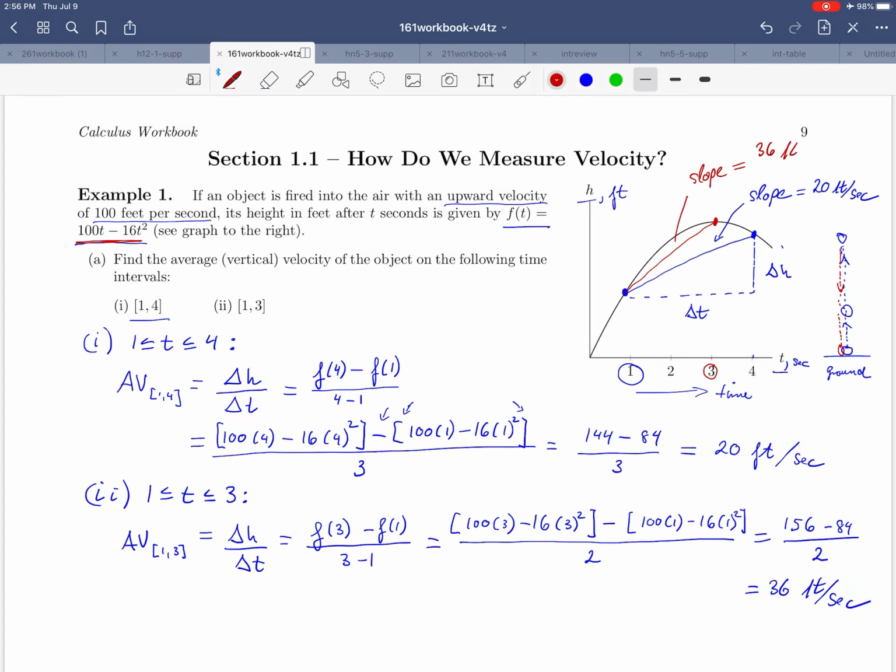It's 36 feet per second. So the slopes of these lines, we called them secant lines before, so the slopes of these two secant lines are our average velocities. So for the first one, it was 20 feet per second. For the second one, it was 36 feet per second. And we can see that the size of those two numbers really matches the slopes that we can see in our graph.